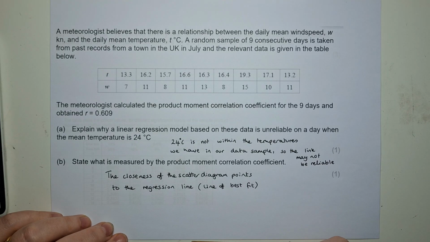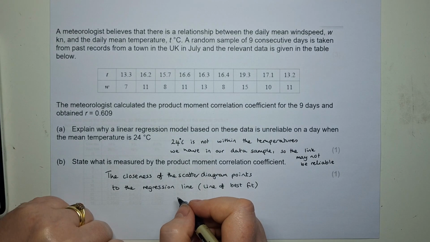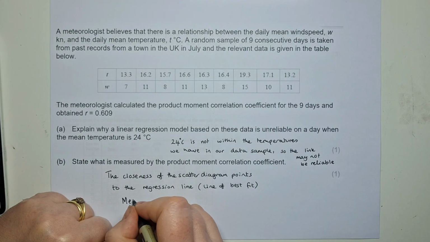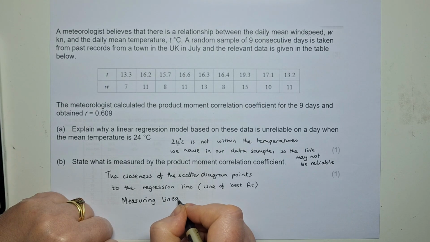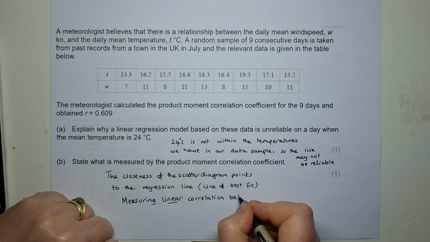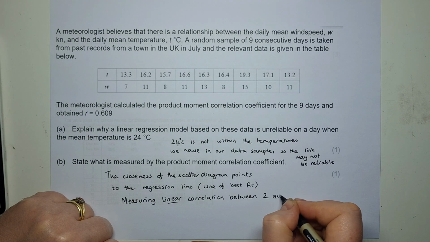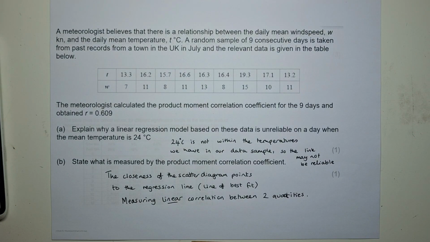So it's seeing how good the correlation is. It's measuring linear correlation between two quantities. So it would only be a strong correlation value if these two quantities formed a straight line or close to a straight line as you plotted your points on your scatter diagram.